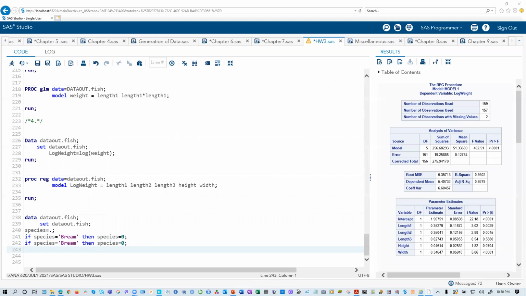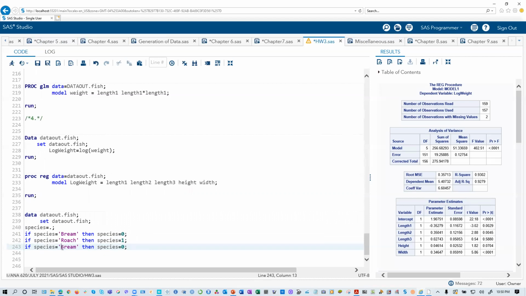And Roj, and you can say 1. You can say control and species. And whitefish, and say 2.